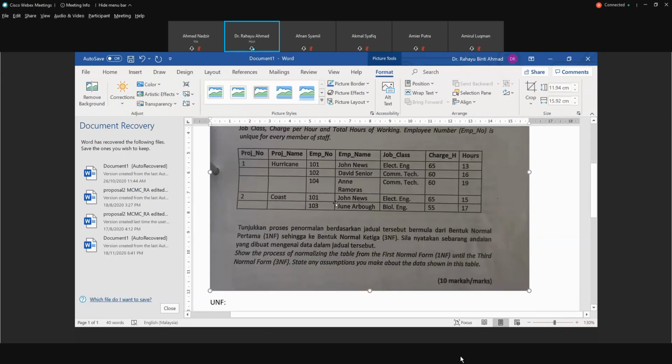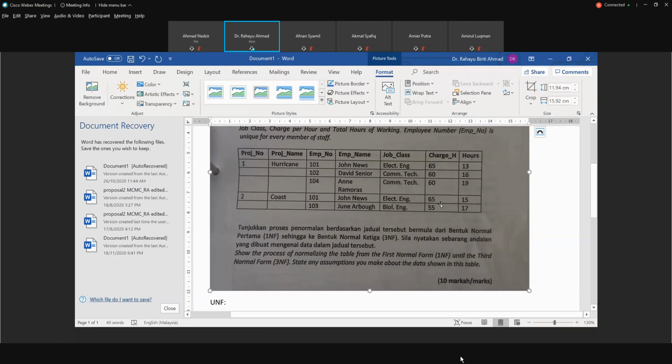Maksudnya you need both project number and employee number, dan tentukan apa? So you know, okay, the charge depend on apa? The charge is static ya.